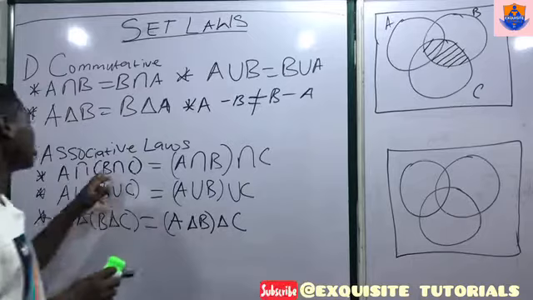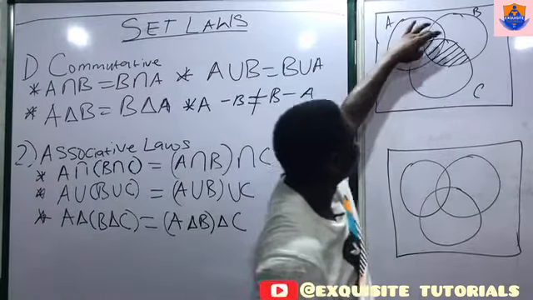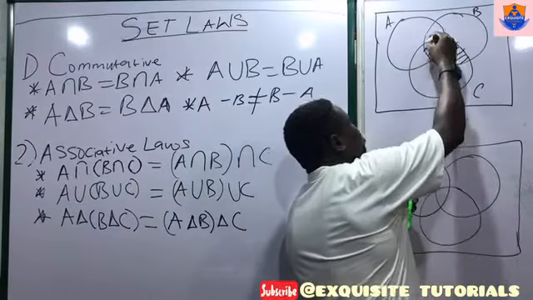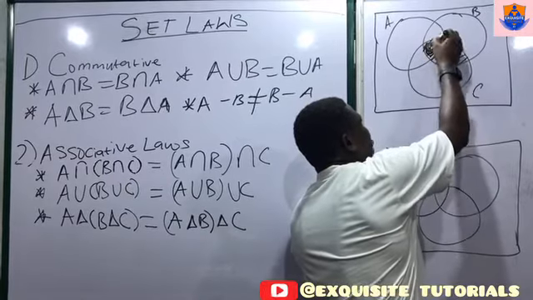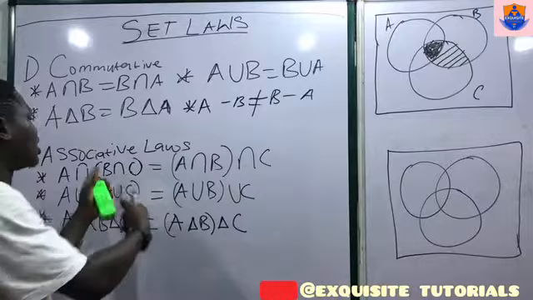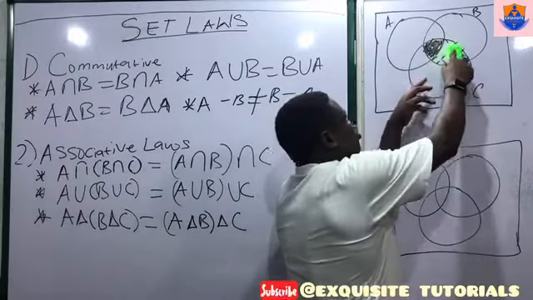Now after doing B intersect C, we want to now intersect it with A. That means, what does this full part have in common with A? It is actually just only this part. So it means that A intersect, open bracket, B intersect C is actually just this small part here.